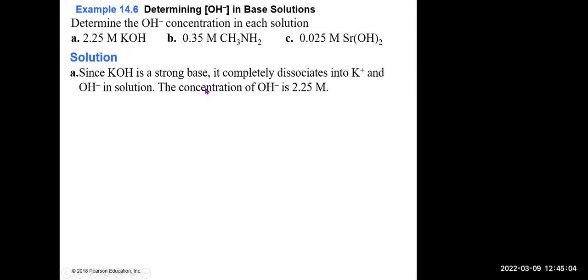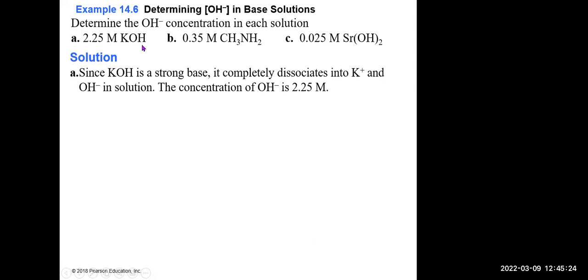We know KOH is a base, so for each one KOH, it will give you one OH negative. Therefore, the concentration of hydroxide is 2.25, which is the same as the concentration of KOH.